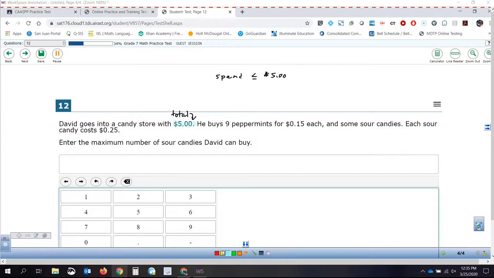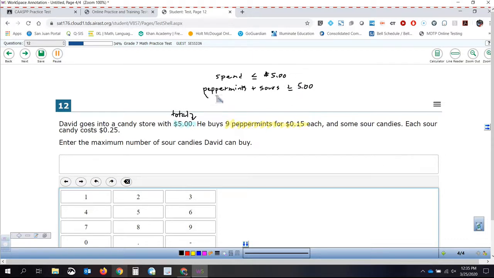Well, he's spending it on candy. Surprise, surprise, he's in a candy store. The first thing they tell us is we have 9 peppermints for 15 cents each. So we're going to spend some money on peppermints, and we're going to spend some money on, I'm going to call them sours, and the money we spend has to be less than or equal to $5.